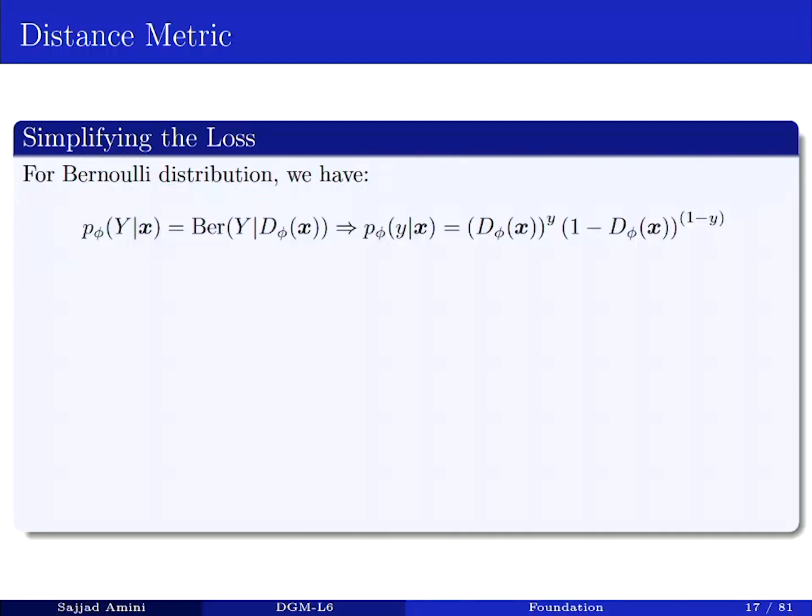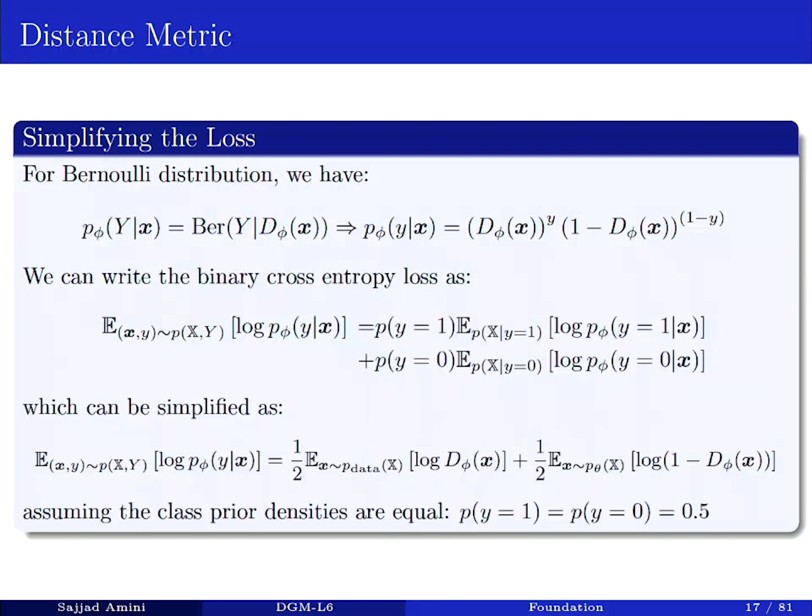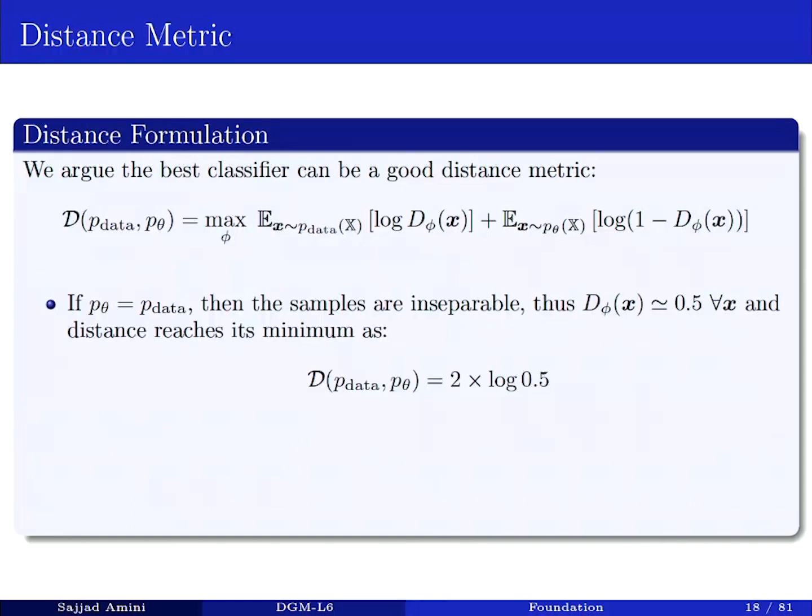So then we talked about how we can translate this classification error as the divergence, and we see that the classification error has its minimum when the two distributions are matched.